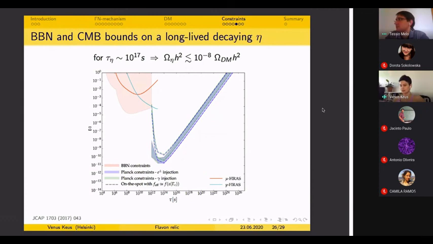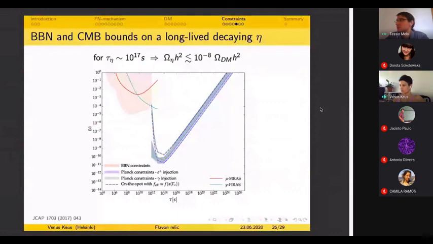Let's say if it wasn't a decaying particle, if it was perfectly stable. But I know there are other production mechanisms for axions, for example the misalignment mechanism, where you're not thermalizing, you're not producing your dark matter through freeze-in or freeze-out or any of that. It's just the resonance oscillation of the axion field that produces it.